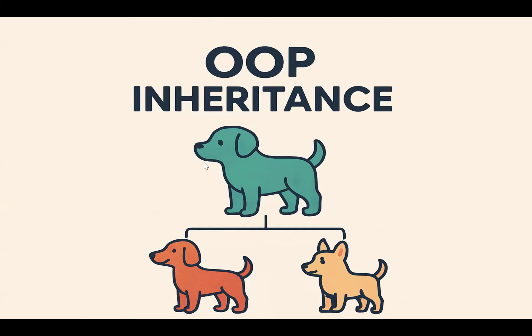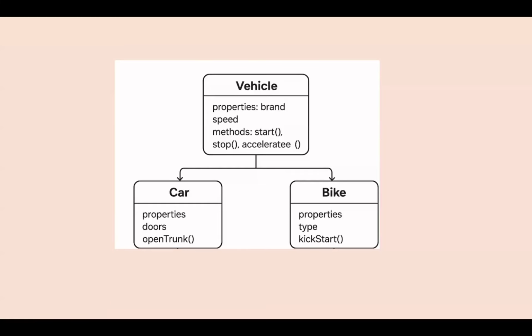So let's look at a simple vehicle example. We have a vehicle underneath which there are two sub vehicles, the car and bike. In the vehicle class, there are common properties which are common to all vehicles: brand, speed.